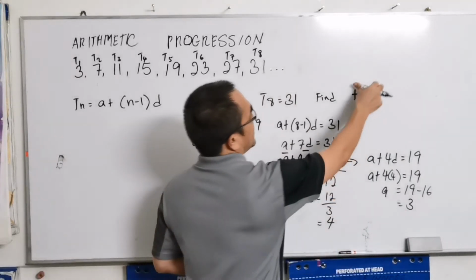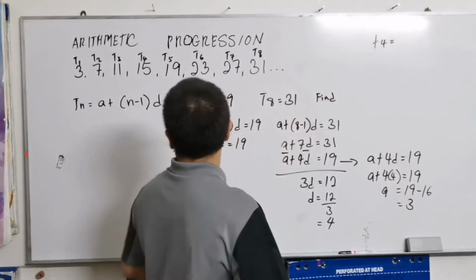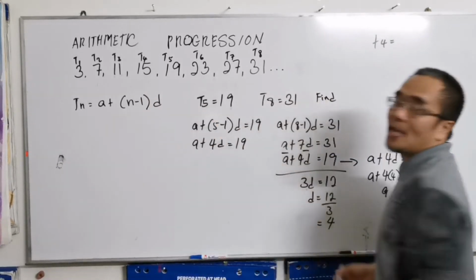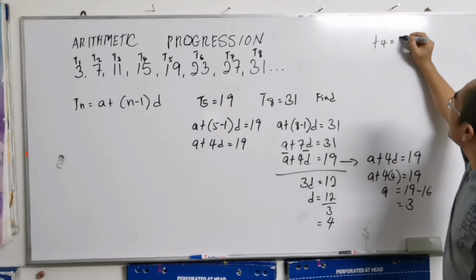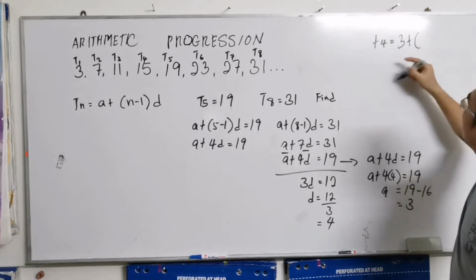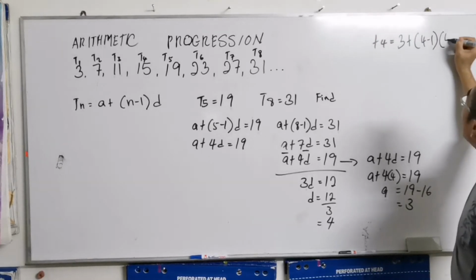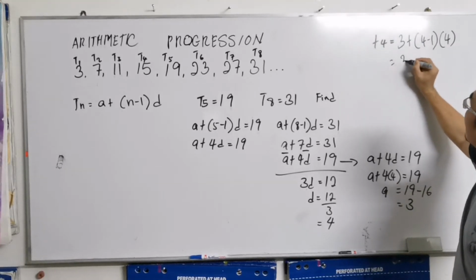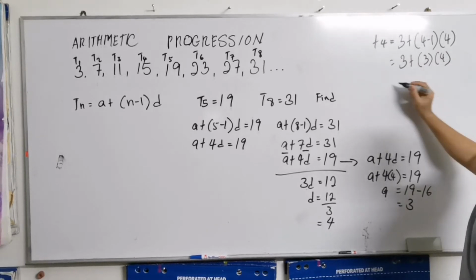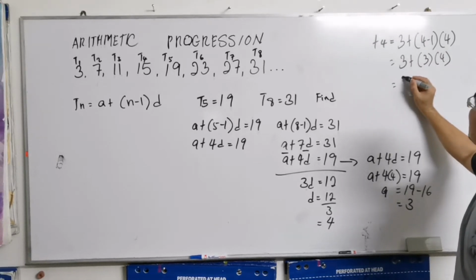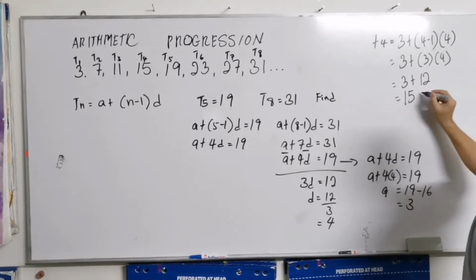So in order to answer the question, what is T4? T4 equals, what is the formula? A plus n minus 1 D. A is 3. 3 plus 4 minus 1 times D, which is 4. So you get 3 plus 3 times 4, so 3 plus 12, which is 15.